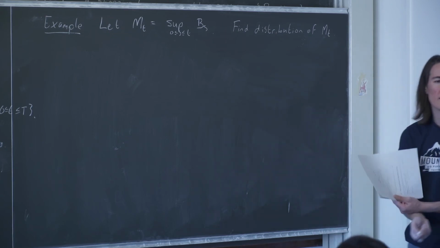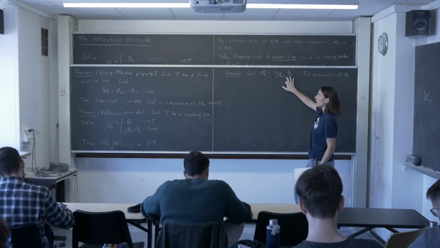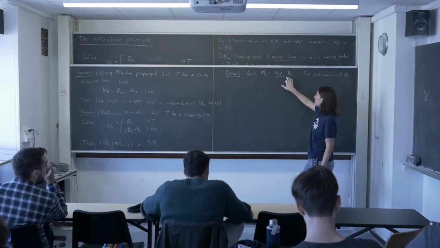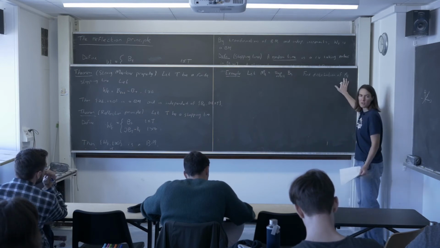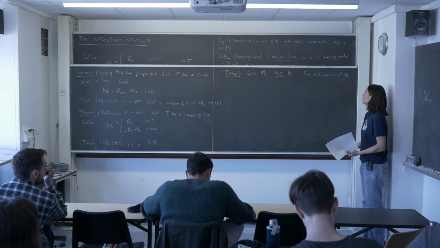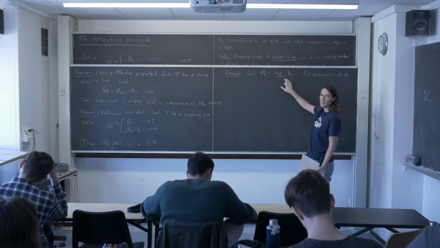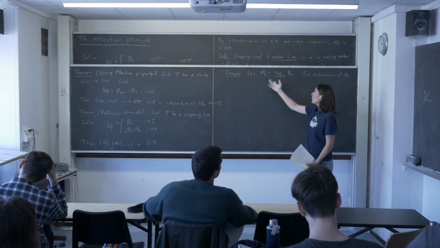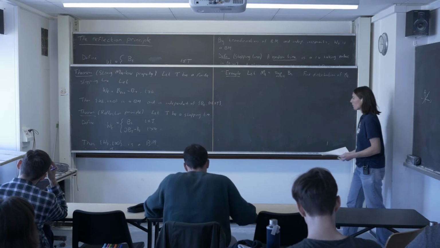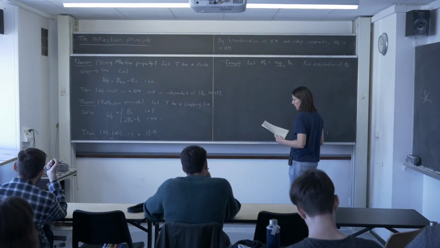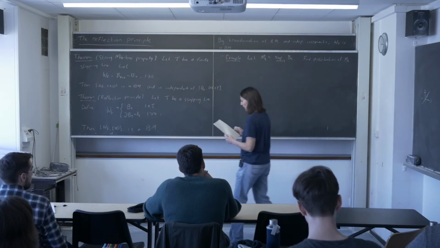Now this is quite a difficult thing that we're trying to do, because we're trying to find an uncountable maximum, a maximum taken over uncountably many random variables, and we're trying to find its distribution. You can't write down the joint distribution of this because we've got uncountably many variables. So how on earth are we going to find the distribution of this maximum? It turns out that using the reflection principle is actually not that bad.